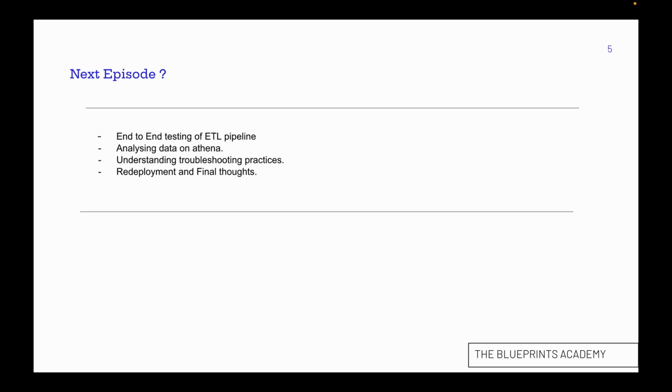And when it comes to fixing the bug, you probably also want to redeploy the changes, right? So we would be also discussing how you can redeploy these changes and what things to keep in mind when doing the redeployment. And finally, we would be closing this series with the final thoughts and best practices that you should do when building the data pipeline.